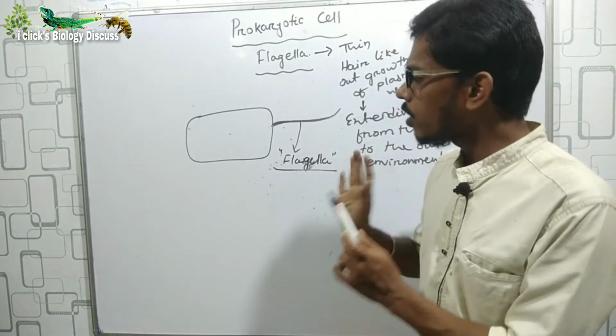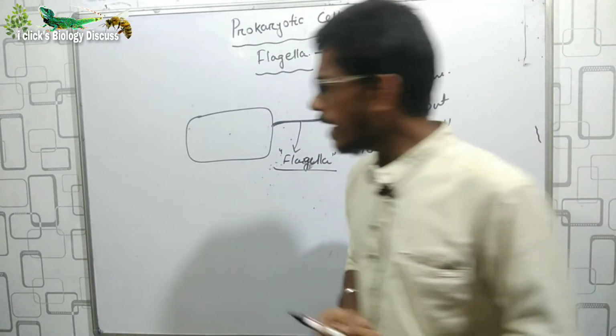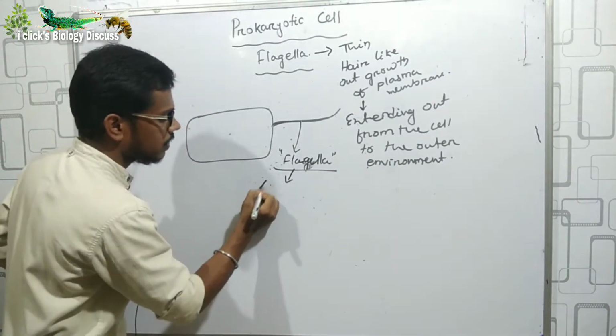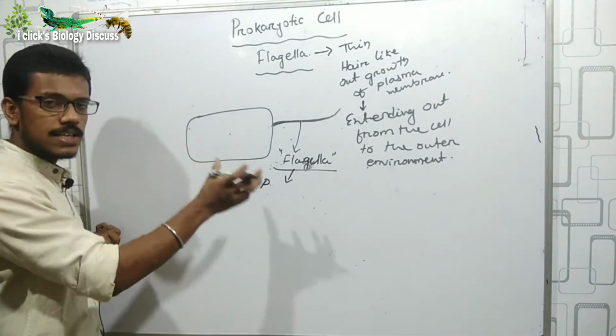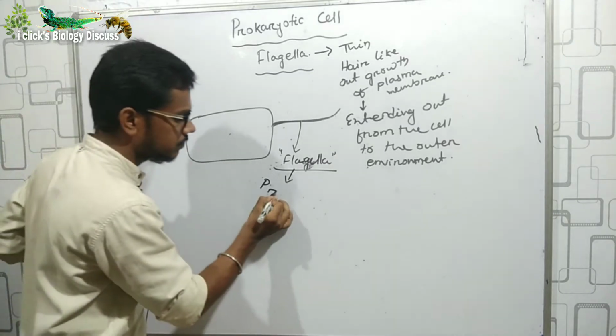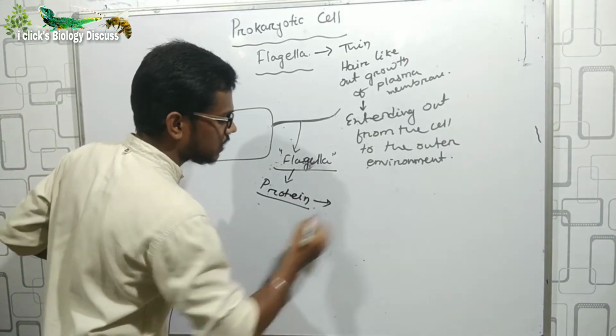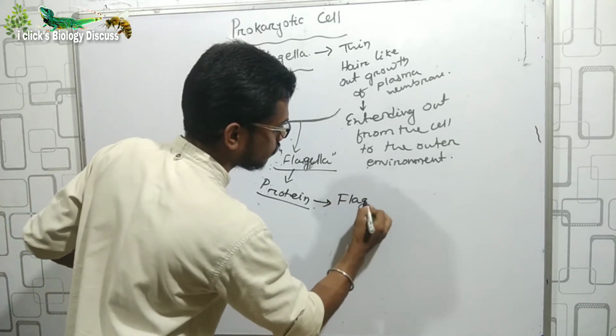This is very small. In prokaryotic flagella, it is made up of a protein called flagellin protein.